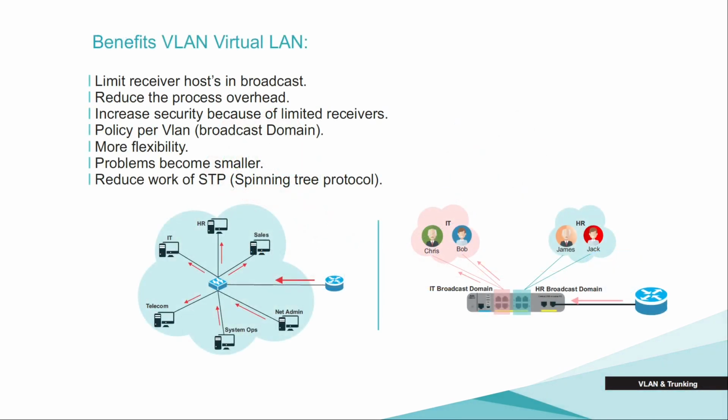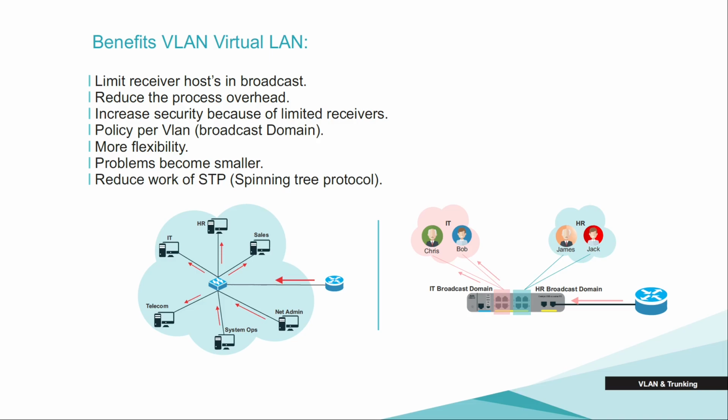From the examples that we saw, we can now know what the benefits of using VLAN in our network are. VLAN limits the receiving hosts in a broadcast and reduces the processing overhead. So right now, instead of forwarding the data to all our ports, it will be forwarded only to IT if it's IT data, or HR if it's HR data.